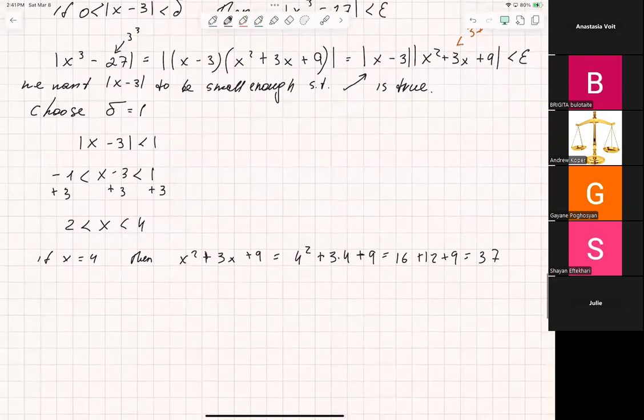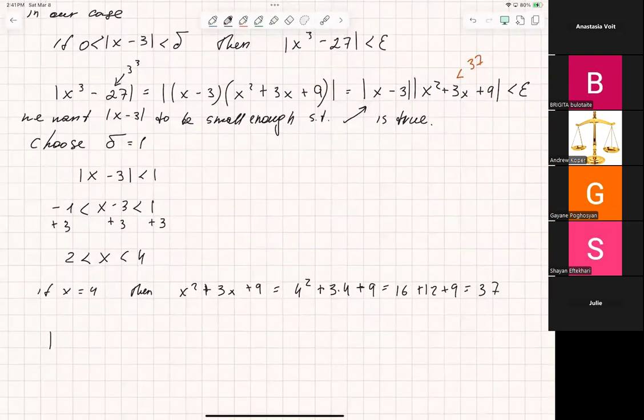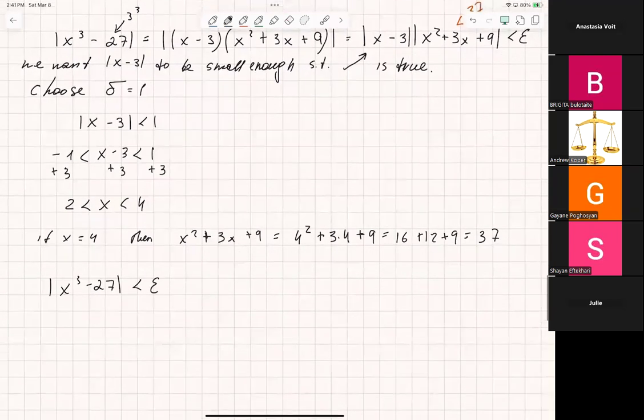Now, again, x cubed minus 27 is the same thing as x minus 3 times x squared plus 3x plus 9. Let me write that in step by step. So it's less than epsilon. That's what our then statement was.